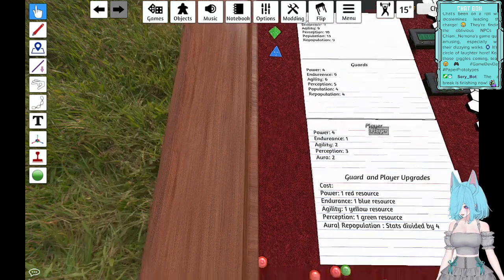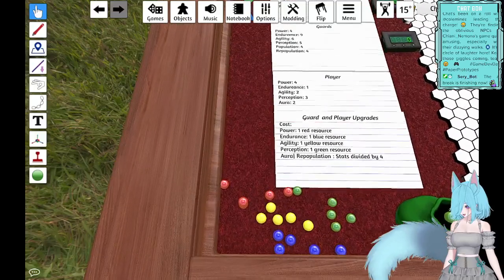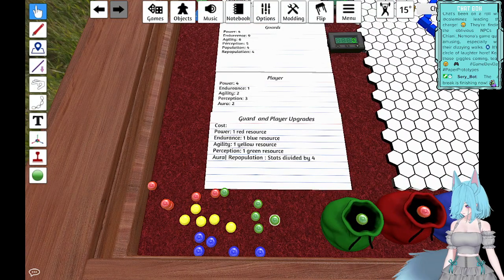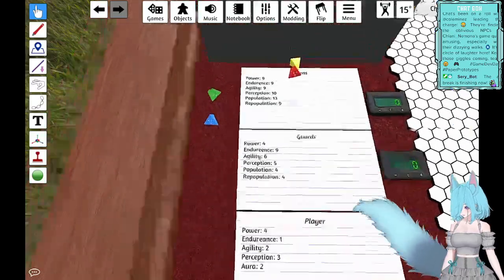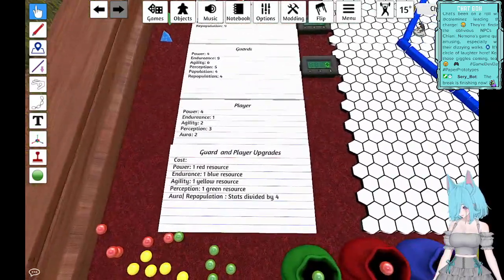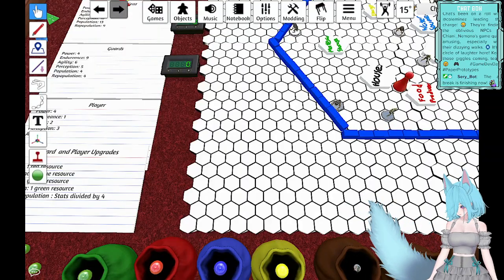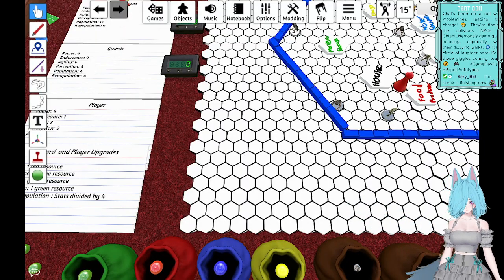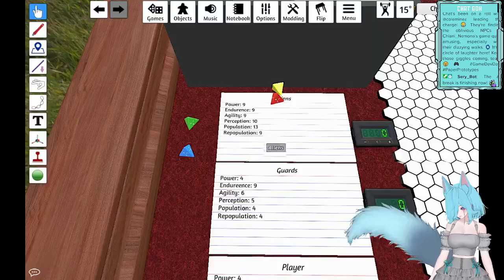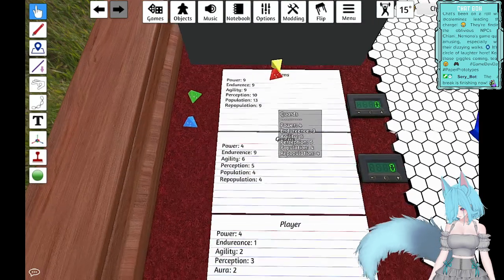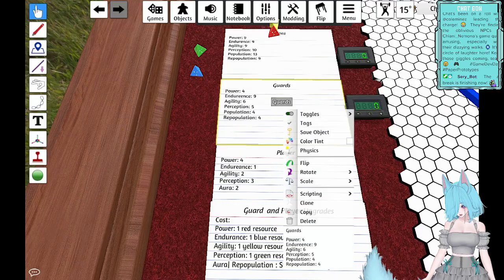I still say we're going all in. So we have 5. 5 of each. Our guard's strength is endurance. So I say we go all in on that.